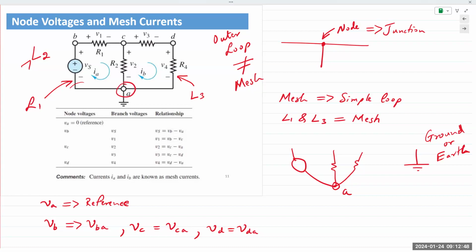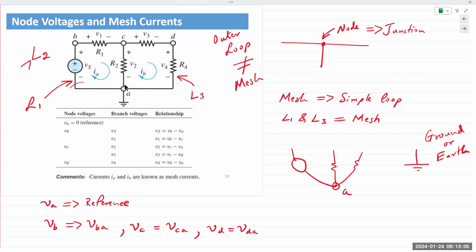More often than not, it's convenient to take the bottom node of a circuit as the reference node, especially if there is a power supply attached to it. It just makes things easier. It doesn't have to be the bottom node. It could be any node in the circuit.